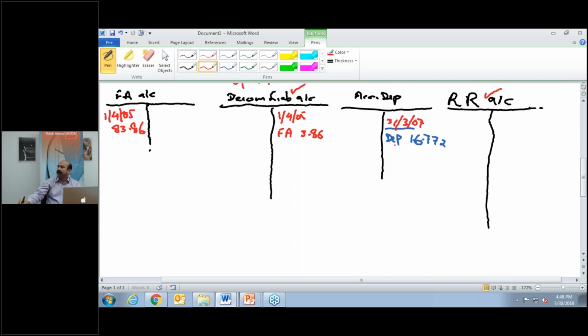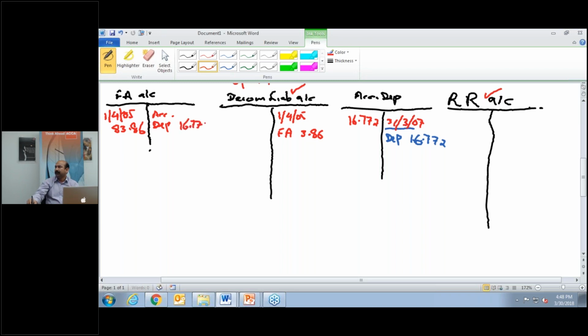As per method 2, we will transfer it to the fixed asset. 16.772 will be transferred to the fixed asset, accumulated depreciation on the date of revaluation. This account is for 2 years, so this will be transferred over here.